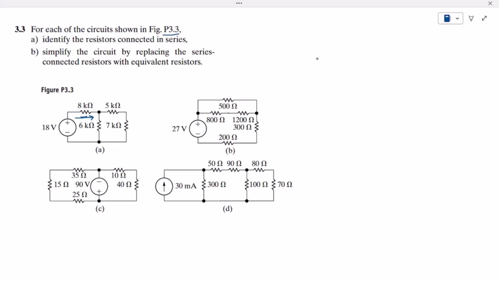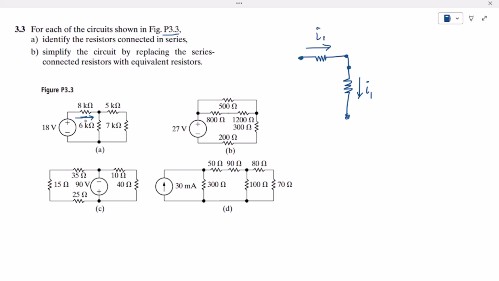So if this is the resistor and the other one this one, these two will be in series with each other. If the current flowing through this one is I1, the same current will flow through this one as well. Okay, so these two will be in series if the same amount of current is flowing through it.